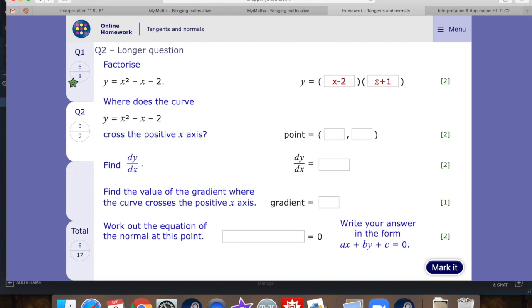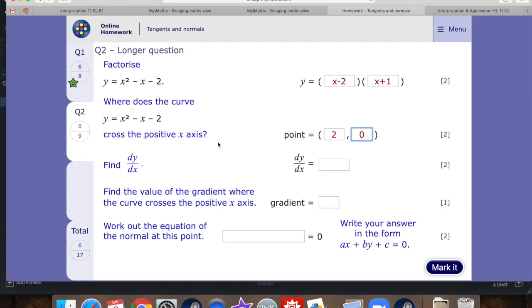Well, if x plus 1 is equal to 0, that means that x has to equal negative 1. But we're not talking about that here. This is on the right-hand side. This is where x is positive. So if we look over here, x minus 2 is equal to 0 whenever x is equal to 2. So my answer here is just going to be 2 and 0, because it crosses the x-axis whenever y is equal to 0.